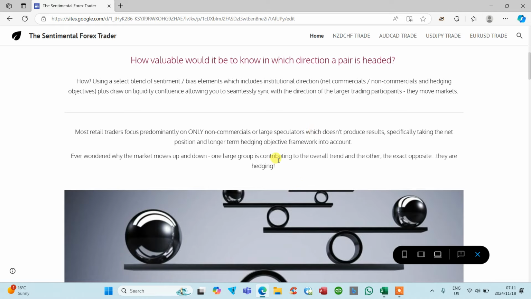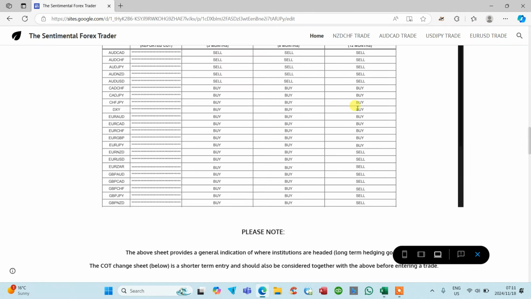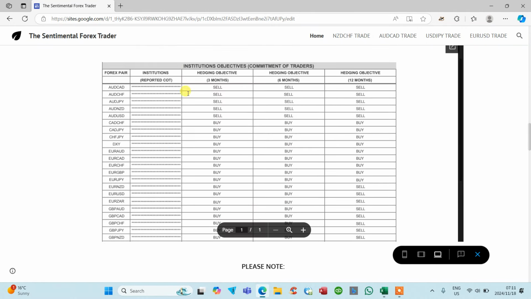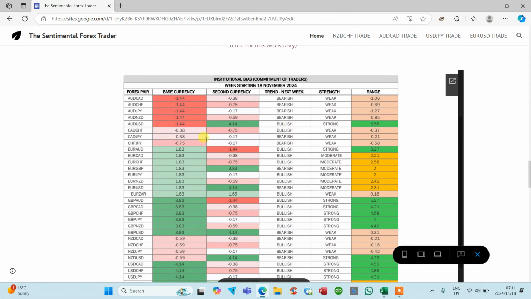But I don't stop there. The raw data is transformed into a differentials report. Okay, this is on the website, so it's freely available. This is more of a hedging perspective, a long-term one. This is available to subscribers. Obviously, you'll see the first column, and then you've got an idea of where they're headed. So this is a hedging goal or objective. And then underneath that, this is the one I'm talking about now, the differentials, on this sheet.